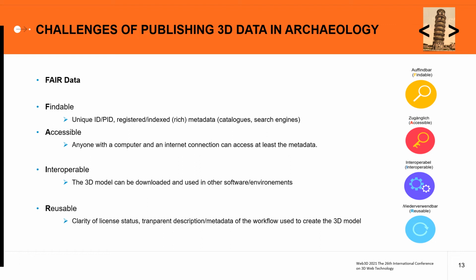This is, for example, the case if a repository does not use a web viewer for 3D data, but the data is at least listed in the repository. Interoperable means that you can download the data and open it with other tools, so providing a 3D web viewer alone is not sufficient. And reusable means that everyone can work with the data and use it for further research, but also that everyone can retrace how this data was generated.